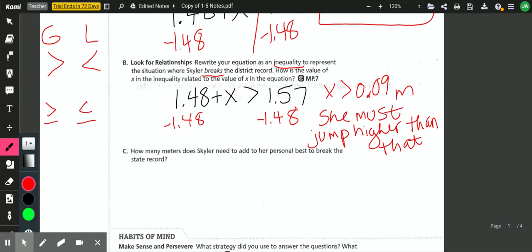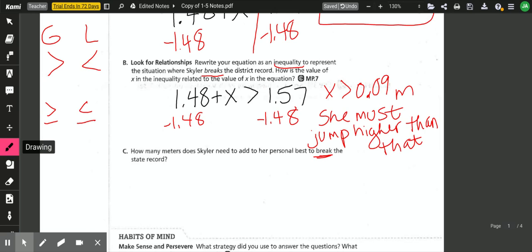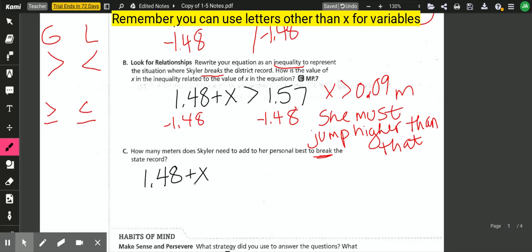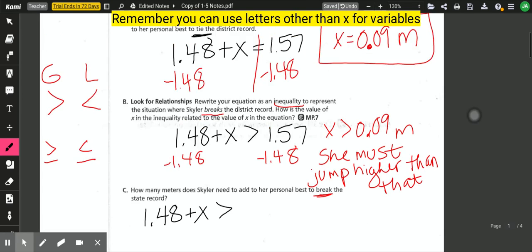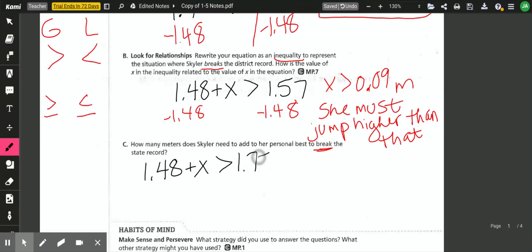Okay, so how many meters does Skylar need to add to her personal best to break the state record? Ooh, the state record. Okay. So to break the state record, that means she has to jump higher than the state record. We're going to say our inequality is going to be her current personal best plus X. We don't know how high she needs to jump yet. Needs to be greater than or higher than the state record, which was 1.75 meters.